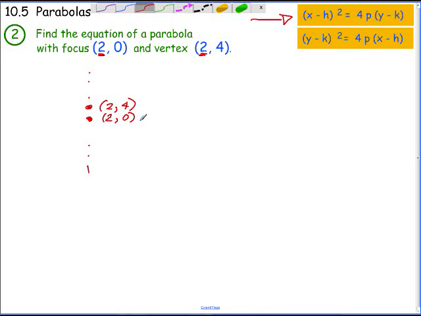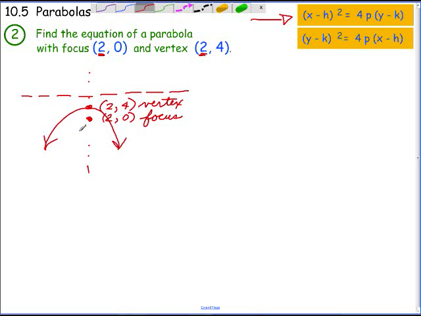Let me label these, it'll help. Here's my focus. The parabola always wraps around the focus. Here's my vertex. The parabola always goes through the vertex, and it goes away from the directrix. So I know I'm looking at something similar to this.